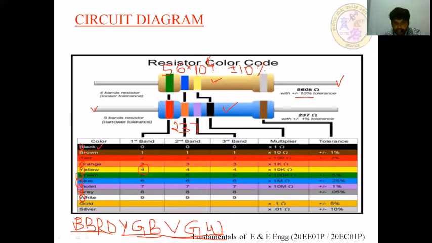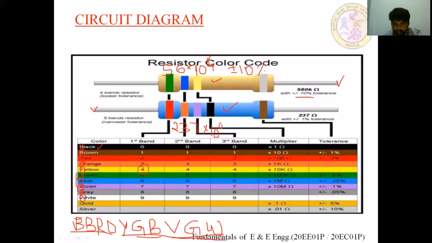In the 5-band resistor, the fourth band will be considered as the multiplier. The black means 0, so we have to write 10 to the power 0.